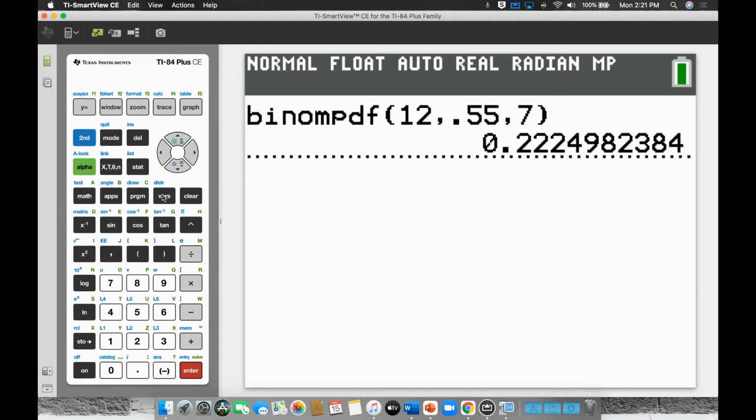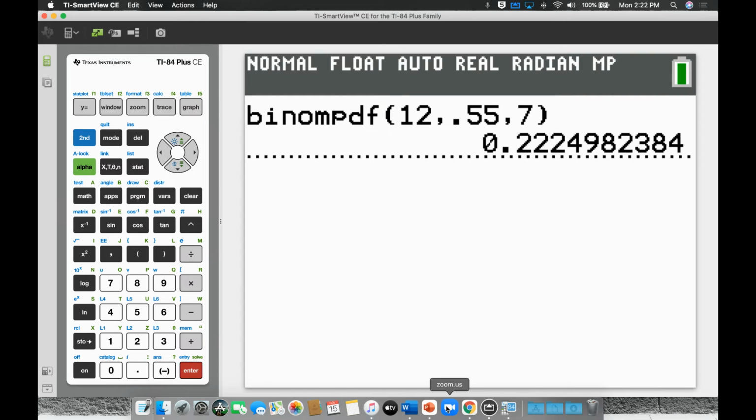That's the probability. N is the first number, 12. P is the second one, 55%. K is the last number.